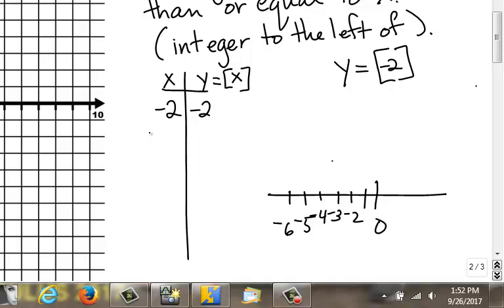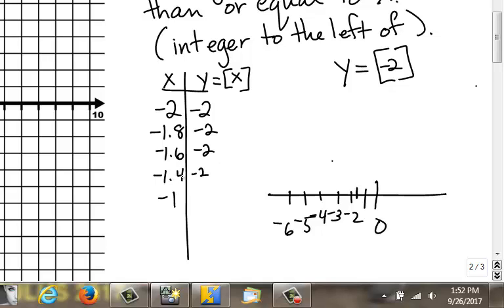If you did -1.8, what is the integer to the left of -1.8? -2. -1.6. What's the integer to the left of -1.6? -2. -1.4. -2.